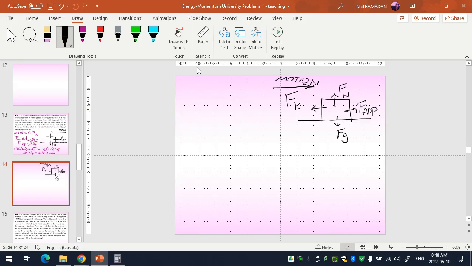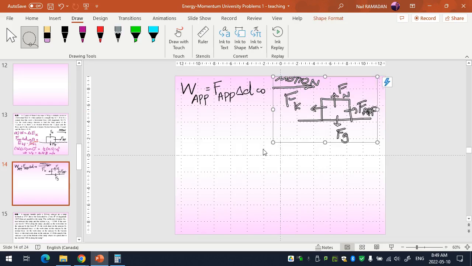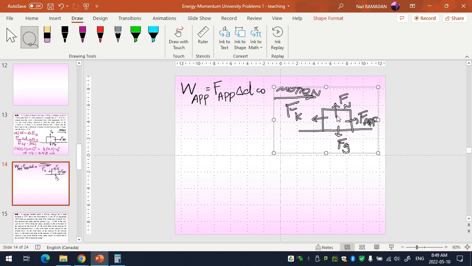Okay, so everyone, let's calculate the work done by each force. So let's do W app. Force applied, delta D, cosine theta. I'm going to move the whole thing just slightly down. Perfect.